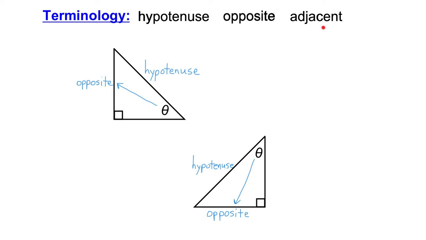Now for the adjacent side, the word adjacent means beside, so it's the side that's beside your reference angle. So in this triangle, here's my angle, this is the side that's beside, this is adjacent, and in the other triangle, this is the side that's adjacent. So the whole point of this is just to remind you how to label right triangles with the terms hypotenuse, opposite, and adjacent, because we're going to use these terms in the next slide.